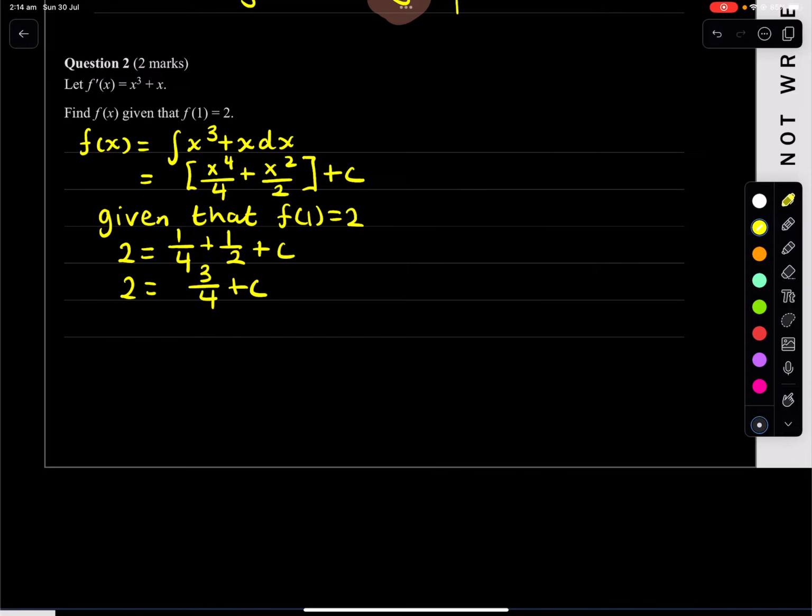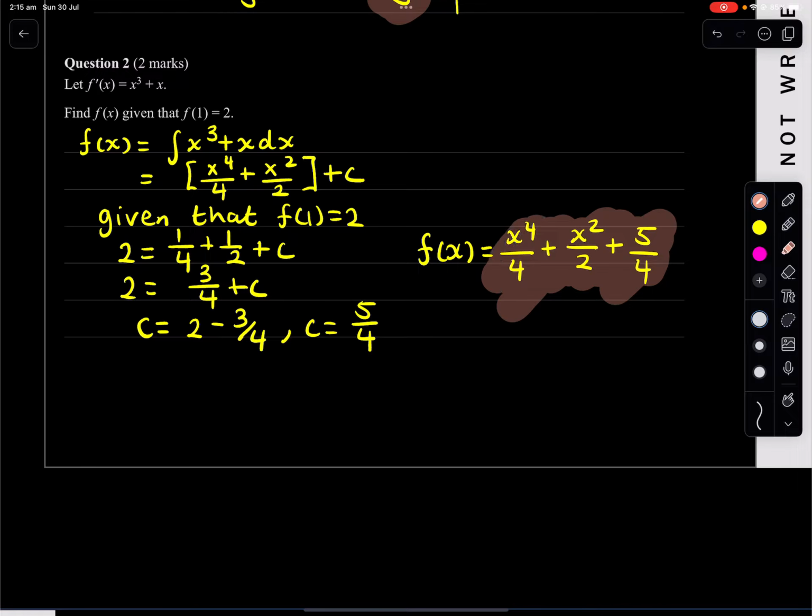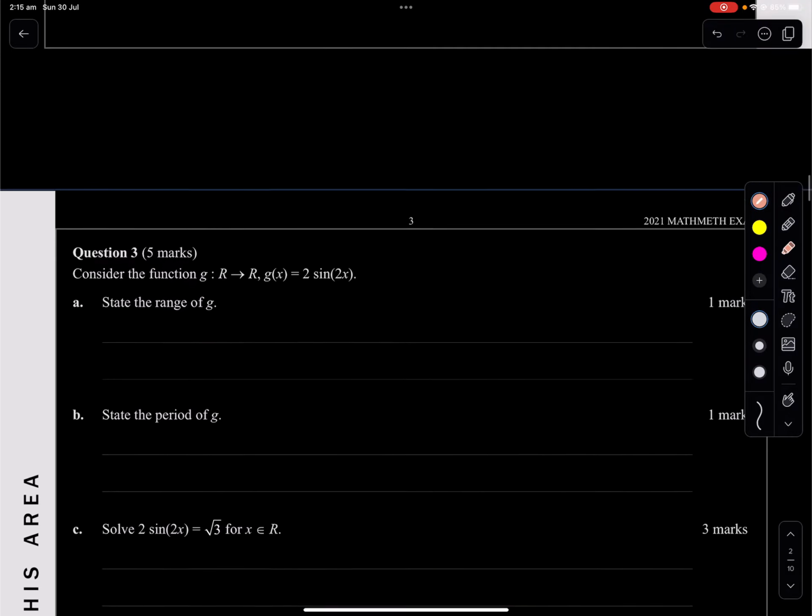Therefore c is equal to 2 minus 3 over 4, which is 5 over 4. Therefore, your final answer, f(x) is equal to x to the power of 4 over 4 plus x squared over 2 plus 5 over 4. Okay, I hope I haven't made any algebra mistakes over here. Let's go to the next question.